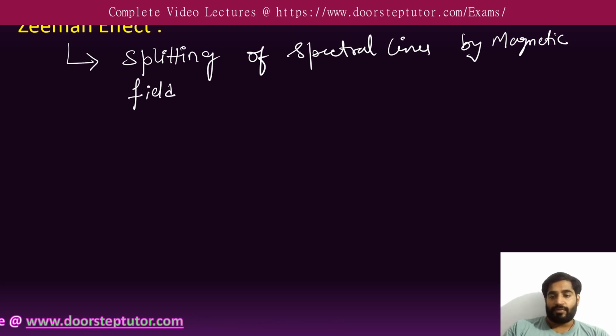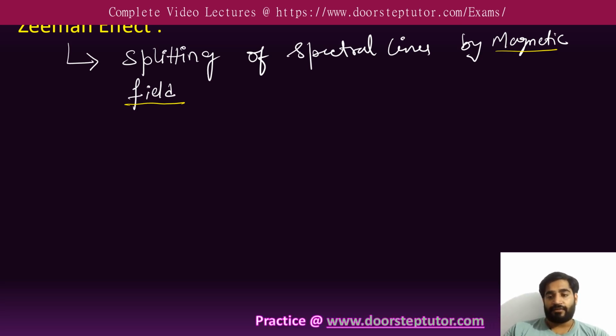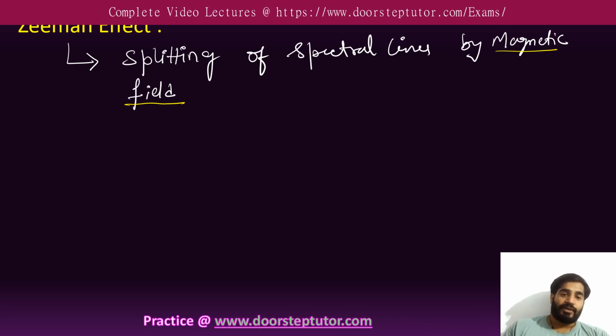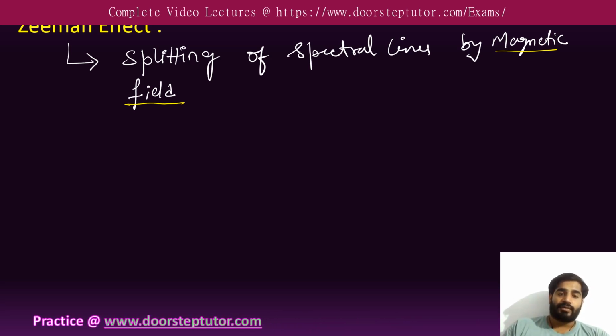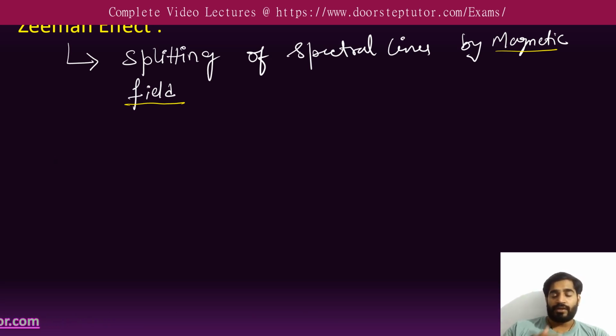Now it is a confirmation of spectral quantization. The Zeeman effect is a confirmation of spectral quantization. When an atom is placed in a magnetic field, see what happened. The atom has charges. The nucleus has protons, and the electron is revolving around the nucleus.